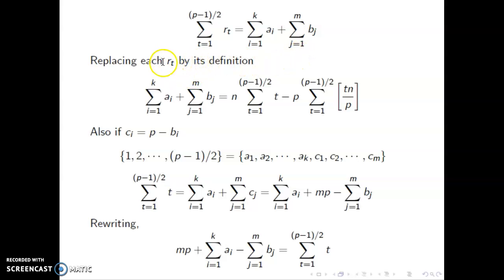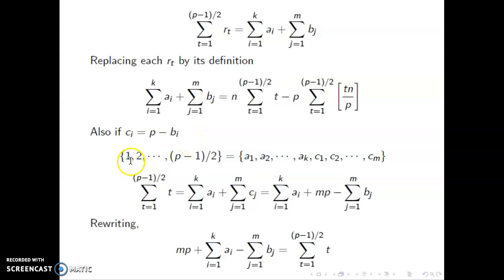Now, I replace each r_t by its definition. So, I get the summation of a_i plus b_j is n times the sum over t equal to 1 to (p-1)/2 of t, minus p times the summation over t equal to 1 to (p-1)/2 of the floor of tn/p. Now, I know that c_i is equal to p minus b_i.